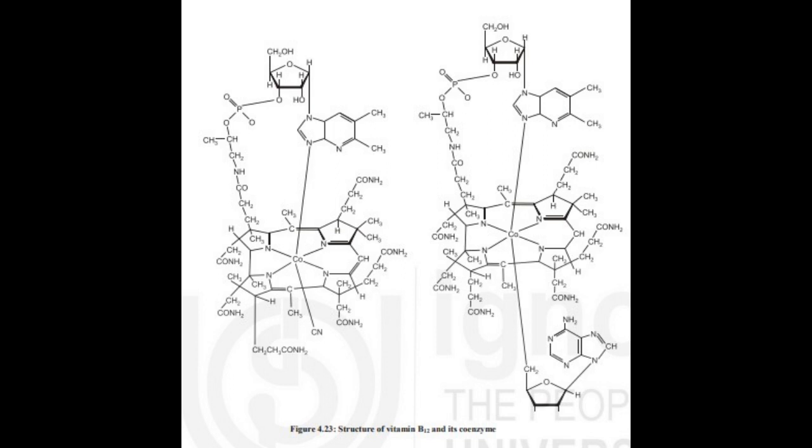In this reaction, the CO-S-CoA group is transferred by the cobamide coenzyme. An important reaction catalyzed by this coenzyme as an integral part of the ribonucleotide reductase is the reduction of ribonucleotides to deoxyribonucleotides. Figure 4.23: Structure of vitamin B12 and its coenzyme.